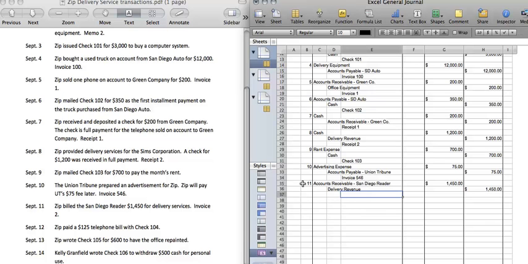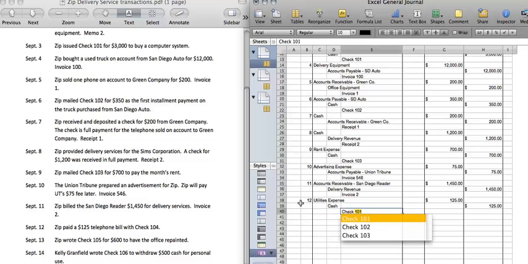Source document, invoice 2. September 12th, Zip paid a $125 telephone bill with check 104. We're going to debit utilities expense, $125, and we're going to credit cash, since we wrote a check, $125, and our source document, check 104.